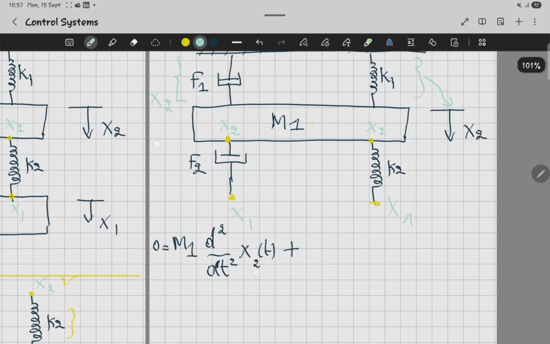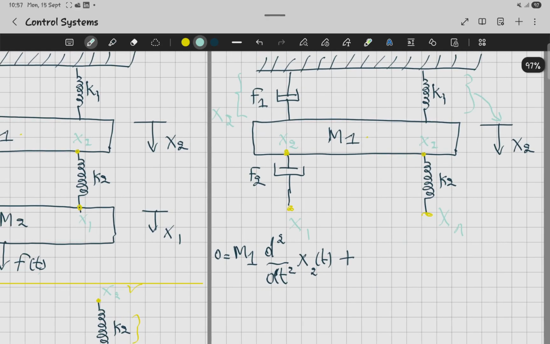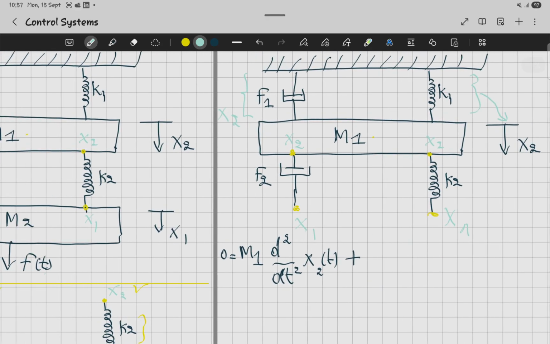So everything at the top, we write as a function of x2 times x2. Now what I'm going to write here is f1 times x2.